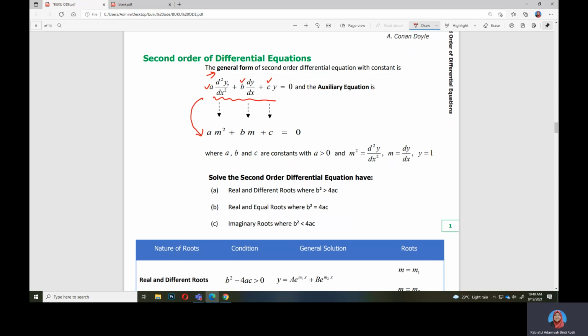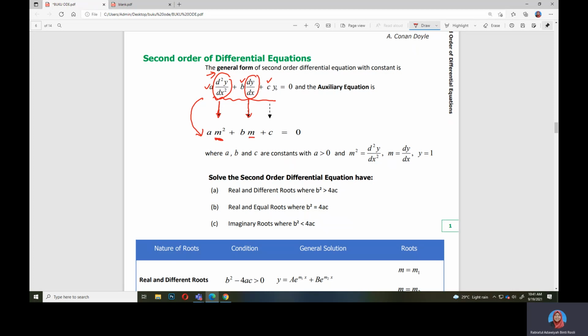The second order derivative, you have to convert into m squared. Look at the arrow. m squared plus b, you just copy the constant, and then the first order derivative, dy/dx, you convert into m, and then plus cy.